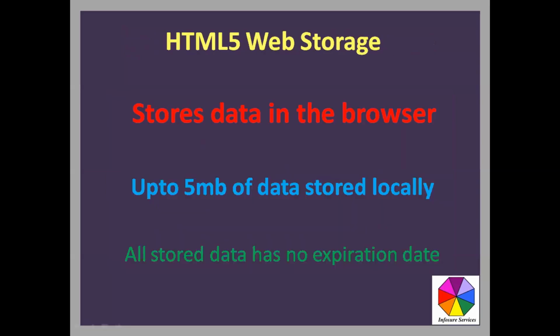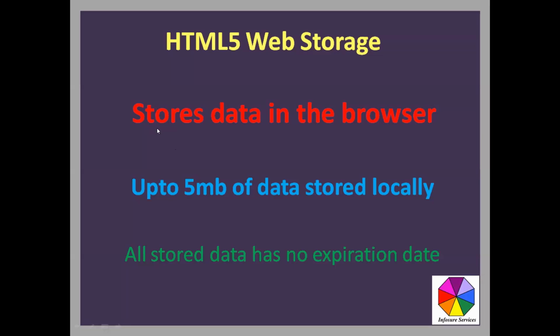Now, HTML5, what is the difference? What's new in HTML5? I would say it stores data in the browser. Earlier, the browser just made HTTP requests and responses, and for any access of the data, you had to request the server and get a response. No data was stored in the browser itself, except some cookies.